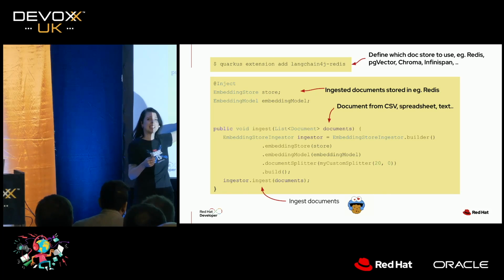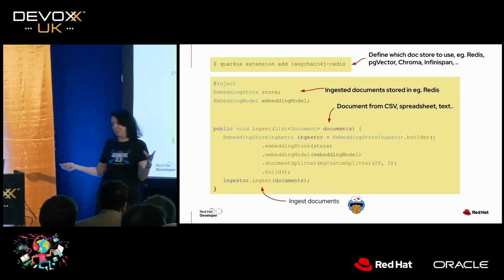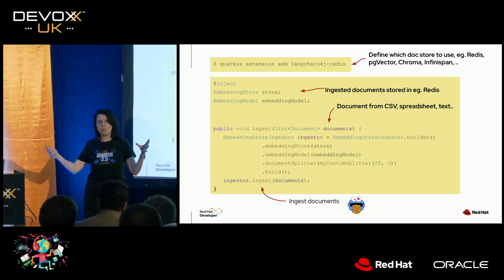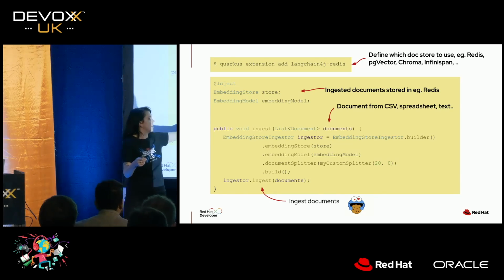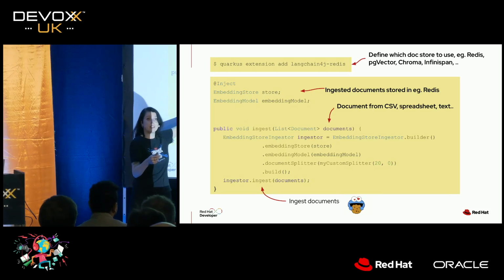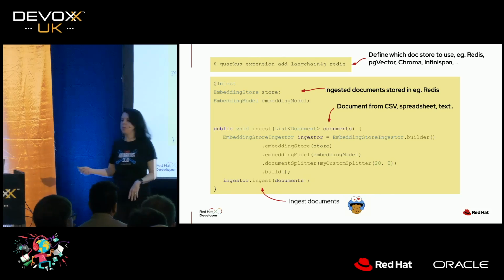You have to tell it how you would like to split the documents. You have to tell it how you would like those documents to be encoded into computerese, modelese, which is just going to be a string of numbers, not very human readable. Something has to go from your human readable text to the vectors that the model wants. And then once you've done all that, you can do your ingestion.